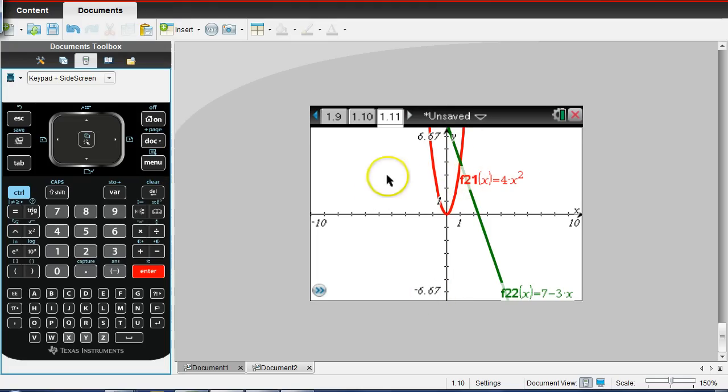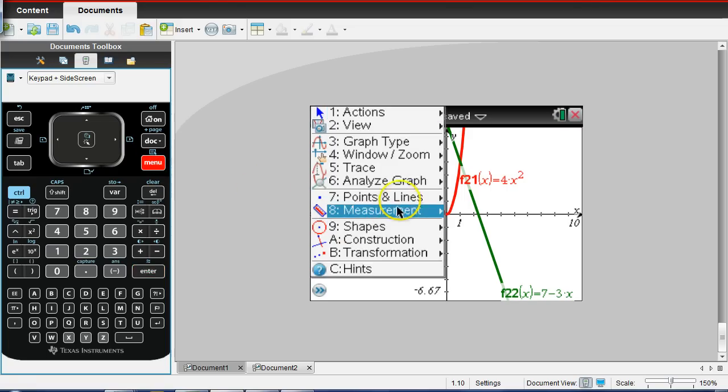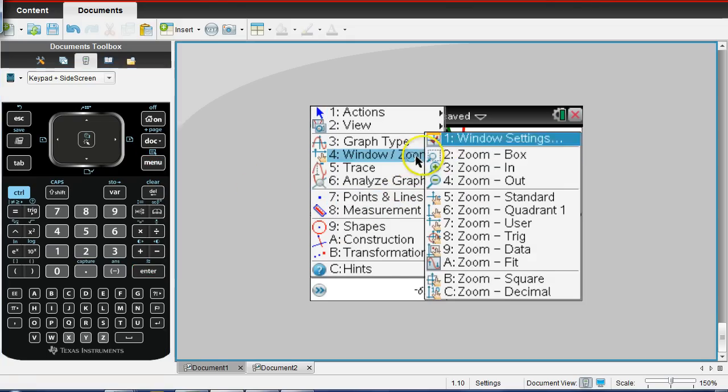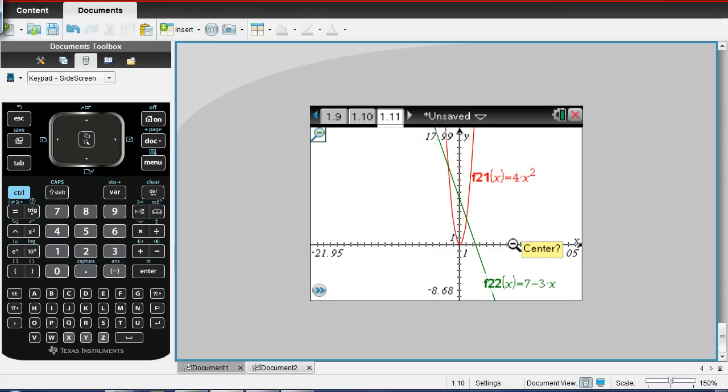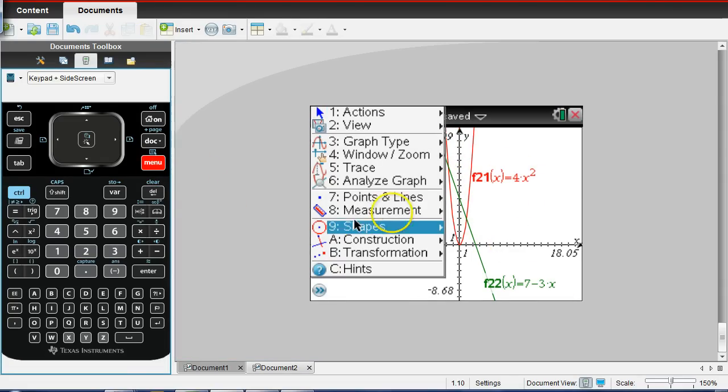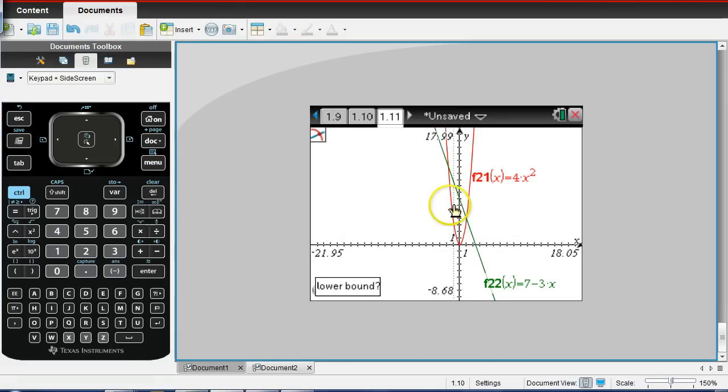So we can grab the page and move it down, or menu and zoom out. So now I can see the two intersection points. Now the thing is, you can only find one intersection point at a time. So I'm going to drag this cursor to the left of my first one, hit enter, drag it to the right, hit enter again, and let me move this equation out of the way.